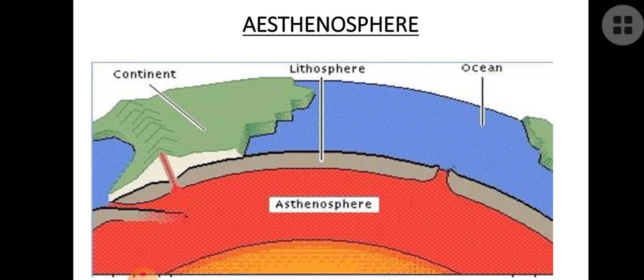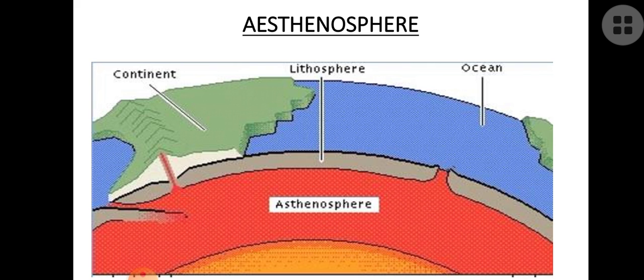So lithospheric plates, that is tectonic plates, are placed upon the asthenosphere. Only because of that are our tectonic plates liable to move apart or collide with each other. They can easily hit each other because they are placed upon the asthenosphere, which is in a semi-molten state.